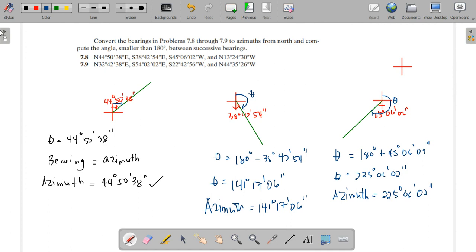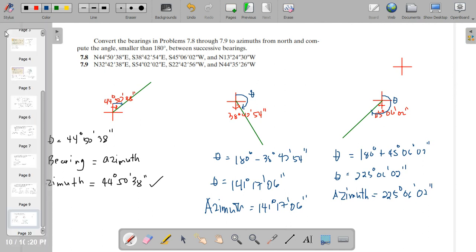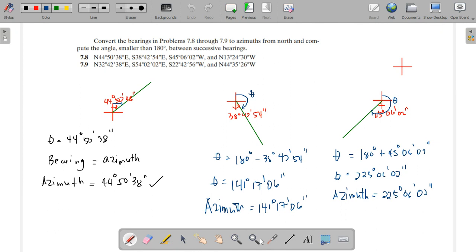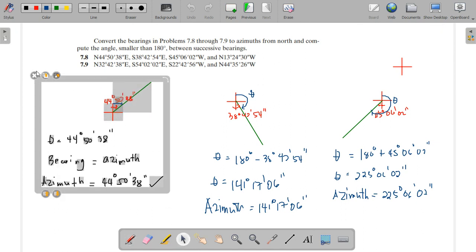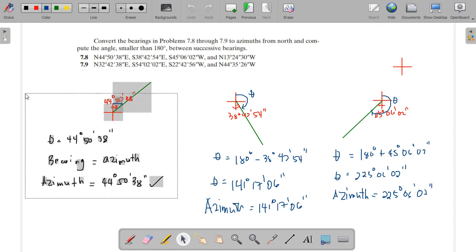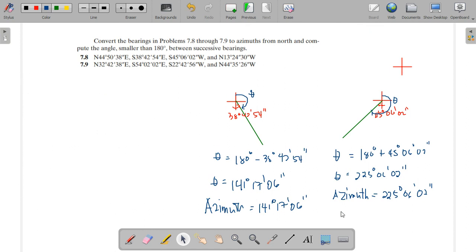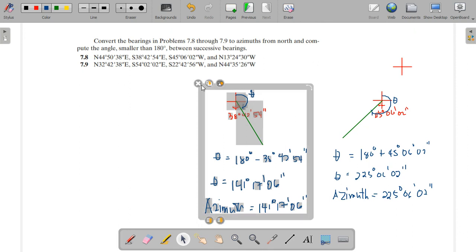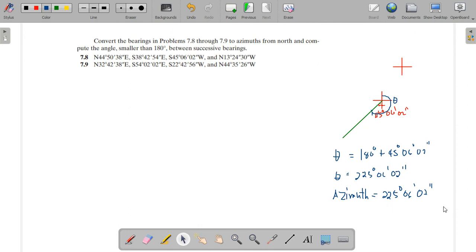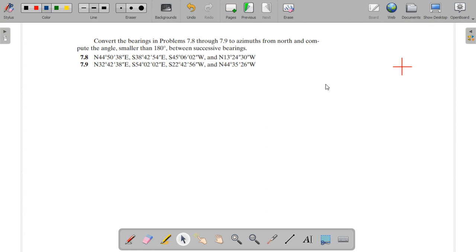All right. So then we have the last one for 7.8. Okay. So we can delete this. So northwest, this is 13 degrees.